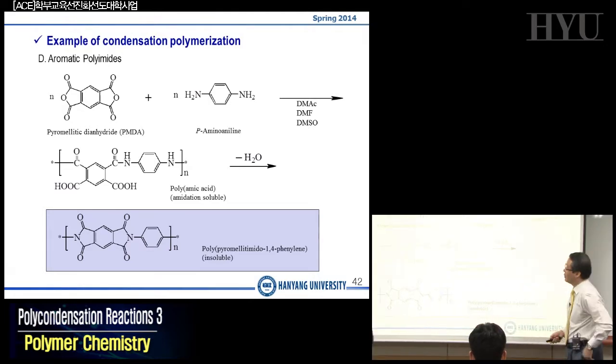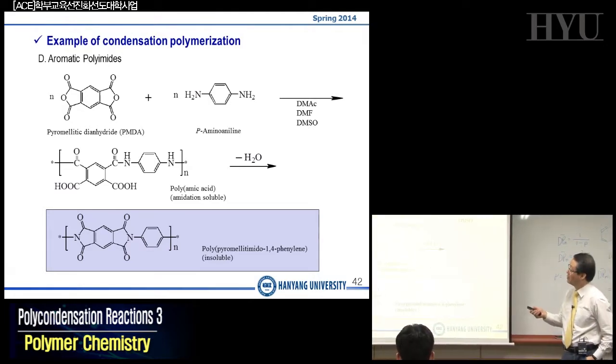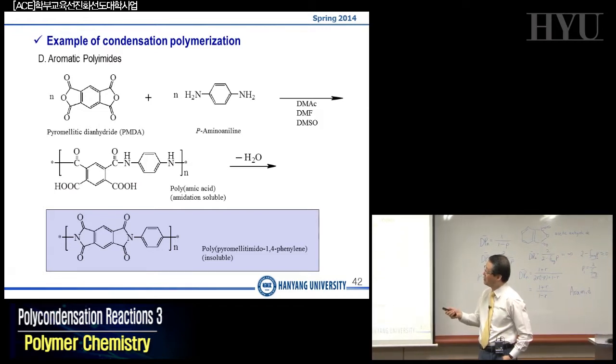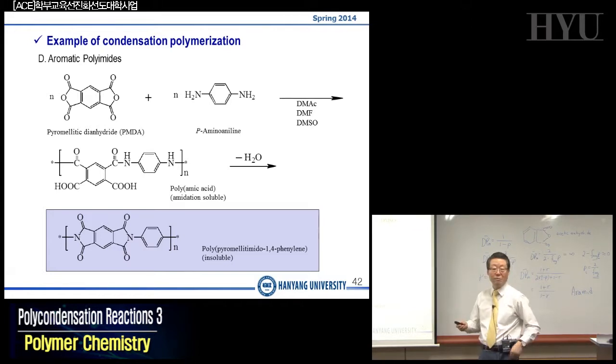Now what we can make is, you see, this is the maleic anhydride, okay? But if you have one more anhydride here, this is what they call pyromellitic dianhydride, or PMDA, okay? And we can have many types of dianhydrides as well.